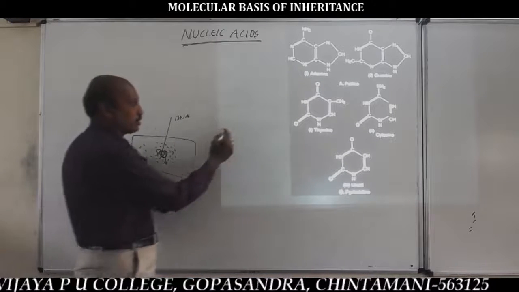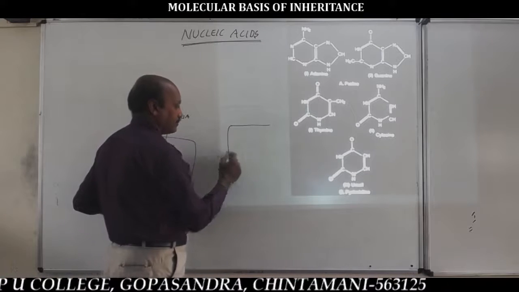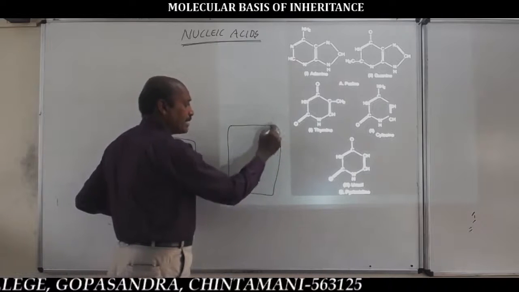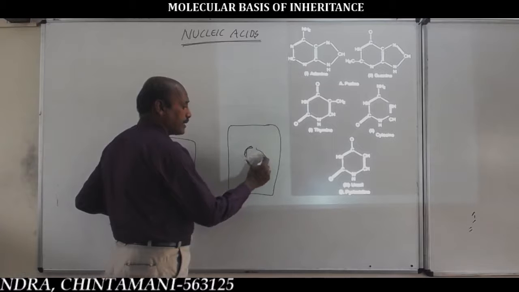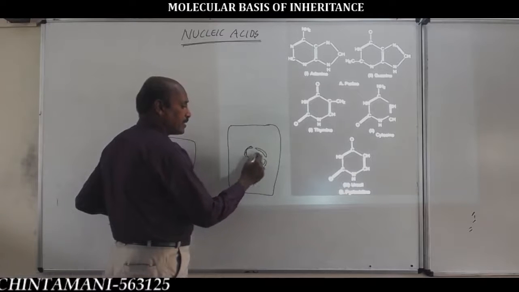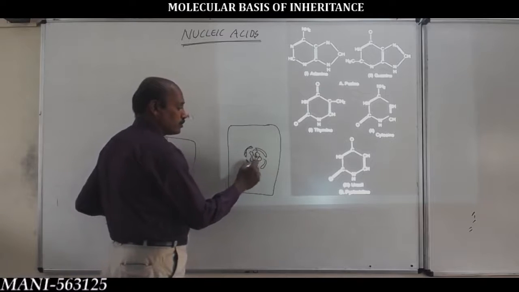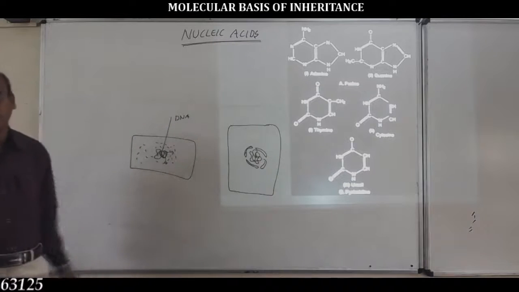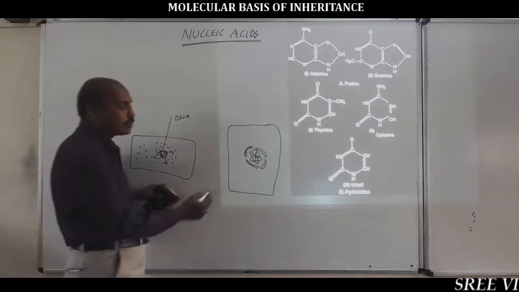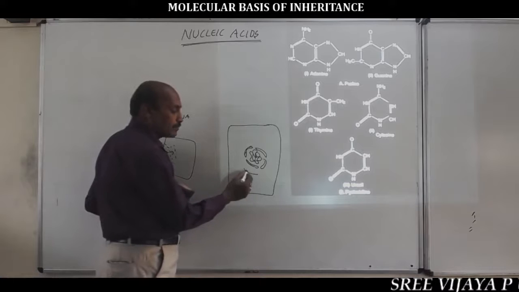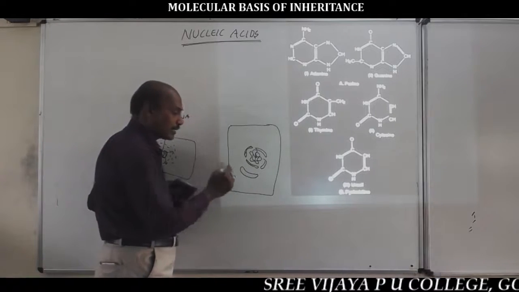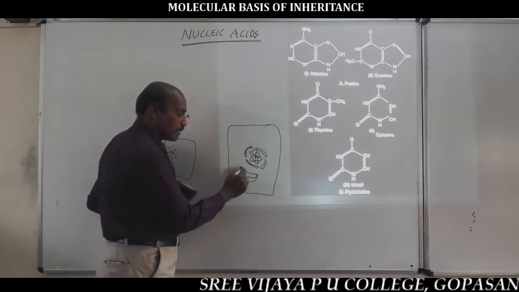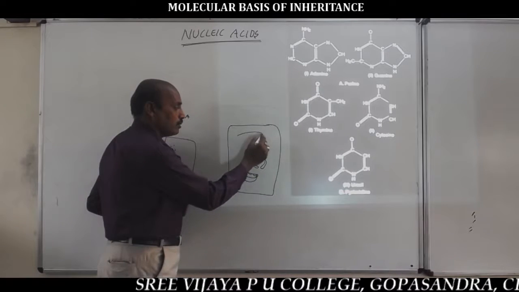Whereas in eukaryotic cells, either plant or animal cells, DNA is majorly present inside the nucleus, within the chromosomes, and it is also found in two important cell organelles, mitochondria and chloroplast.